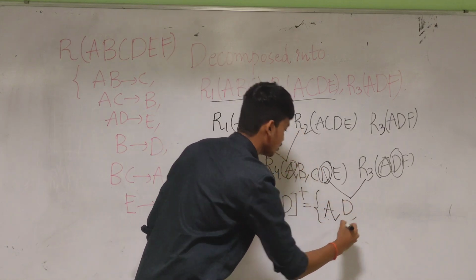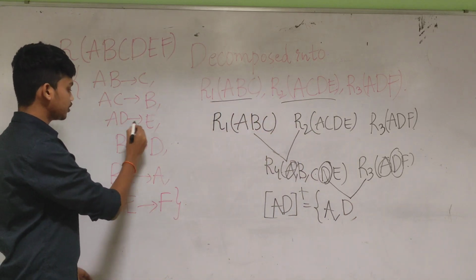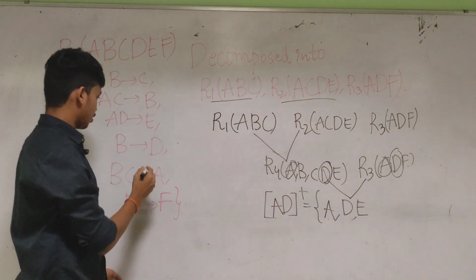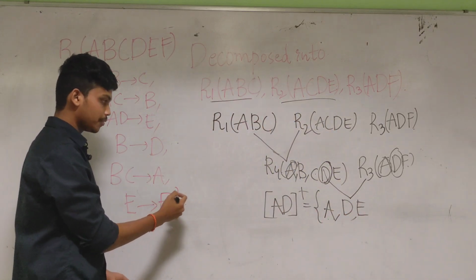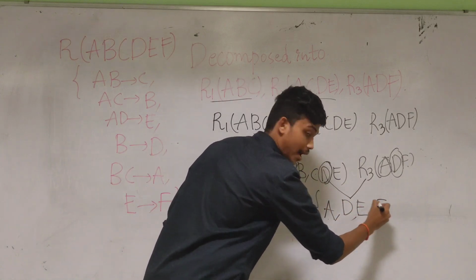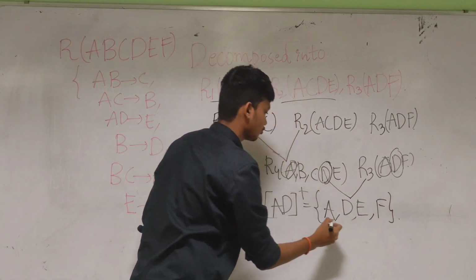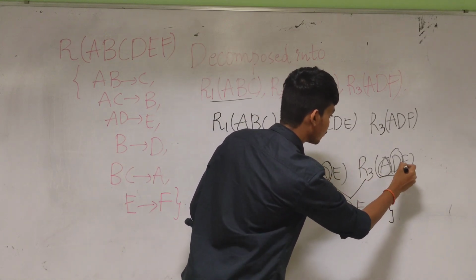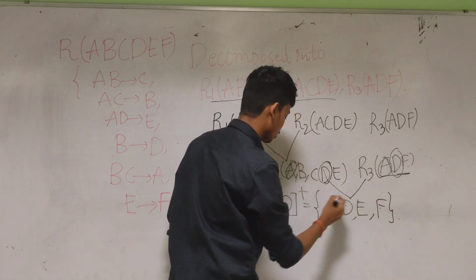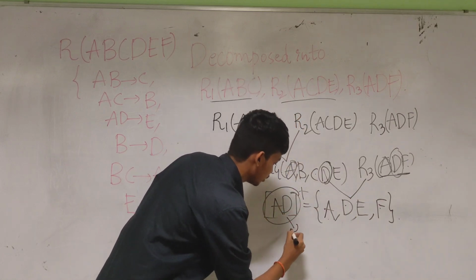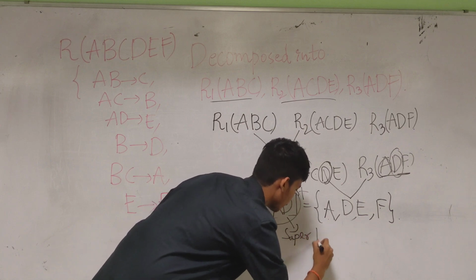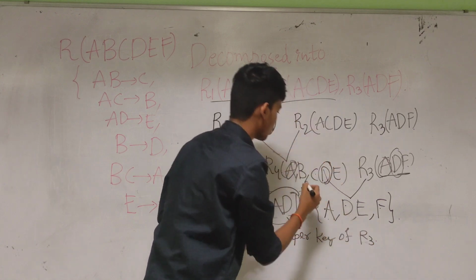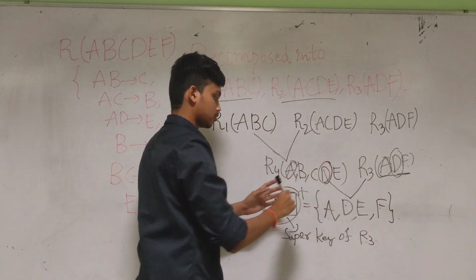Obviously we get AD. With AD we can derive E. With E we can derive F from here. So I am writing F here. So we are getting all the attributes of ADF. This is ADF. So AD is a super key of R3, so we can join these two relations.